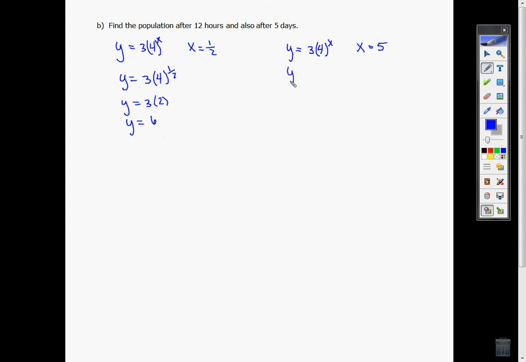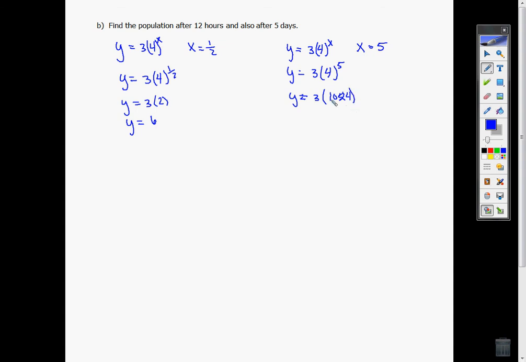Now let's look at the other one. Y equals 3 times 4 raised to the 5th. Alright, 4 raised to the 5th. That one you might not know right off the top of your head. So you may need to use a calculator or just go off to the side and multiply 4 out 5 times. But what you're going to get would be 1024.